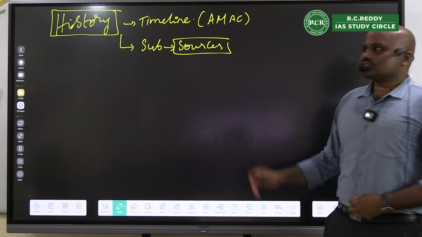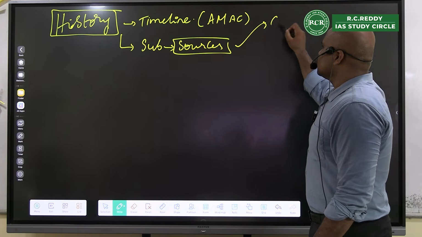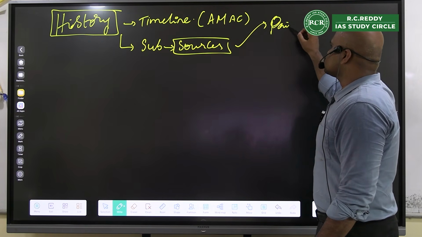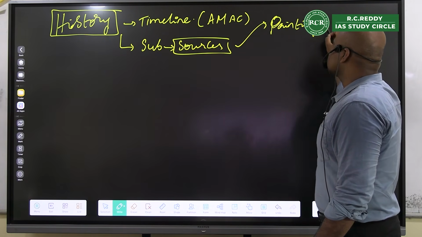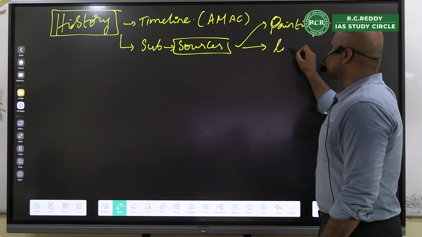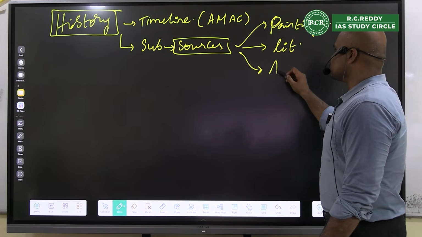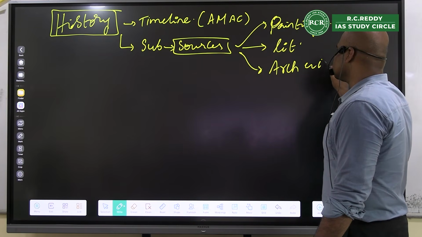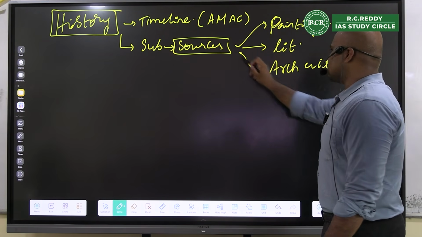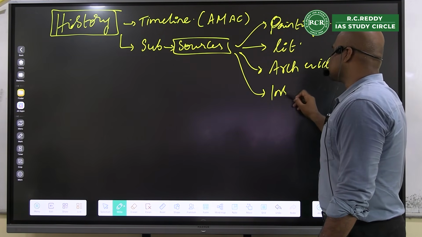For me, sources here could be sourced from paintings, from some literature, from some archaeological evidence, or from some inscriptions.